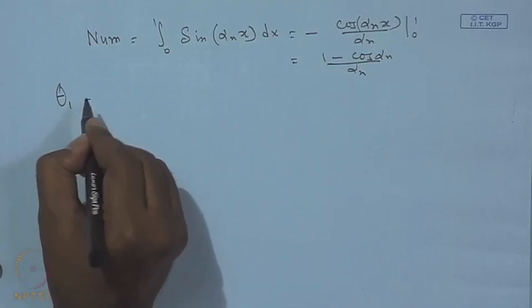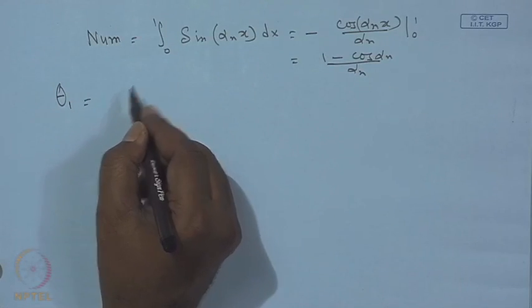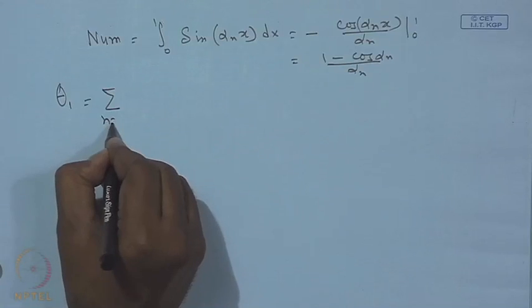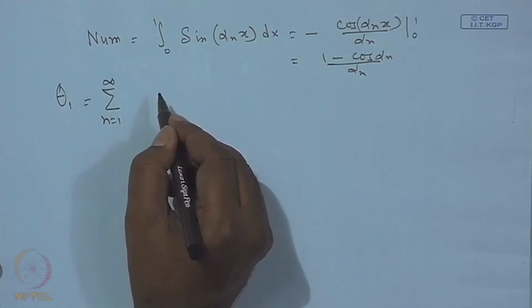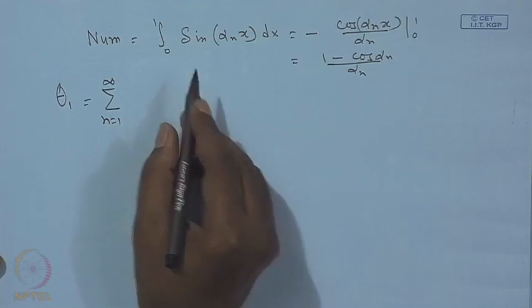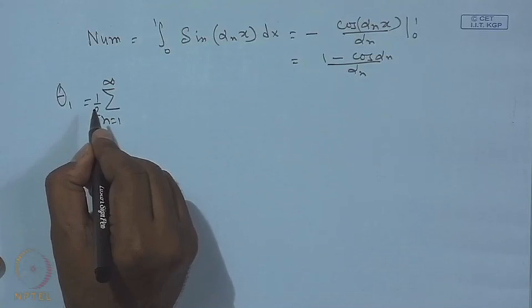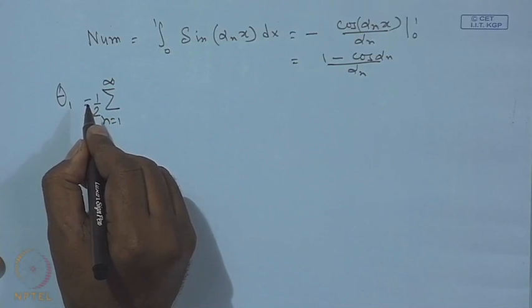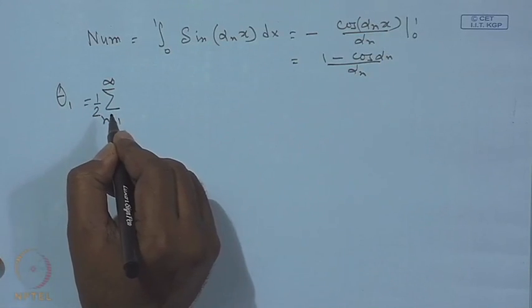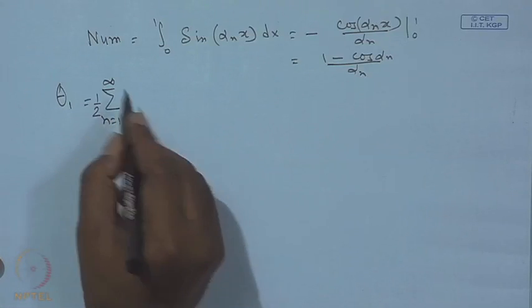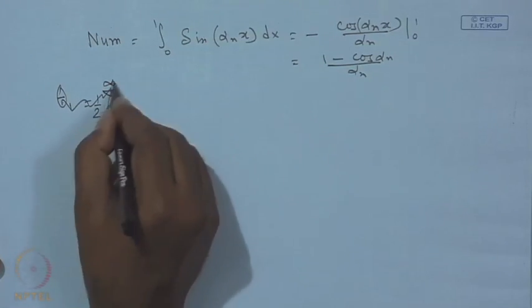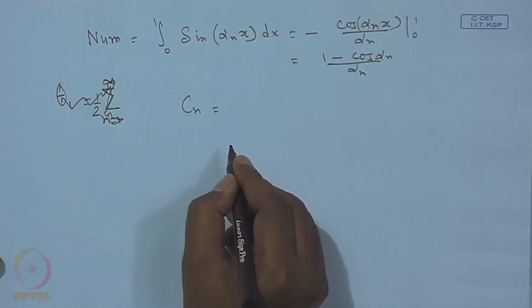So, theta 1 will be summation n equal to 1 to infinity, C n is given by this equation. First we find C n, which is numerator divided by denominator.